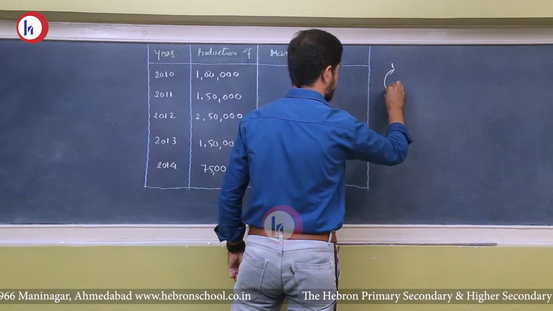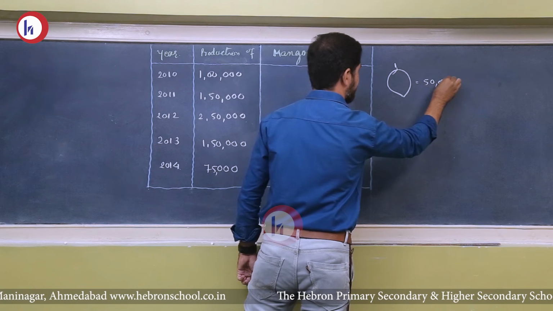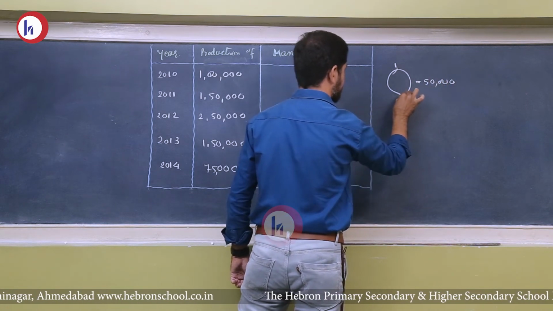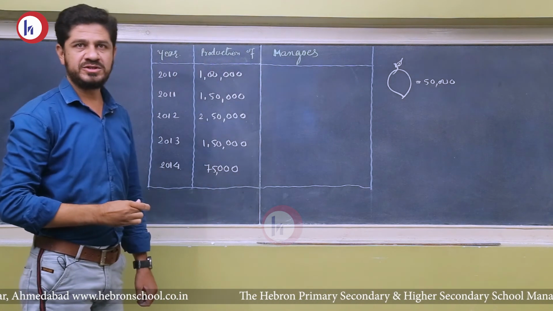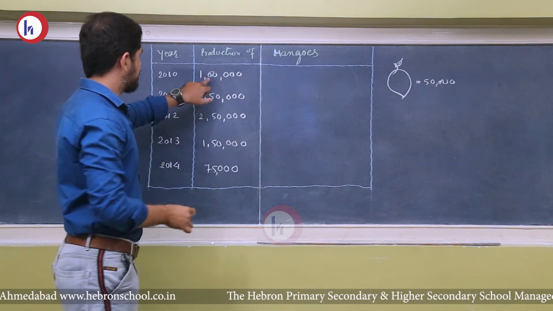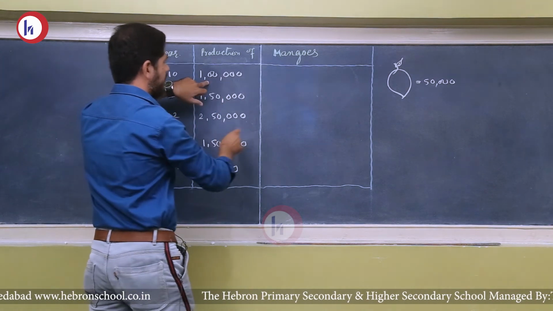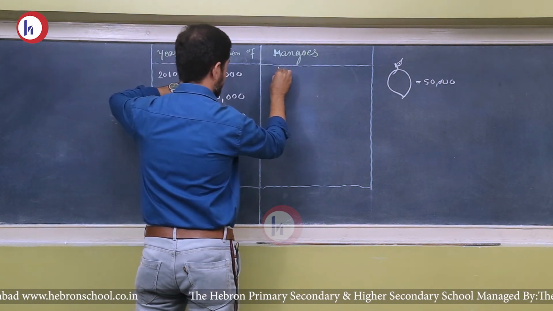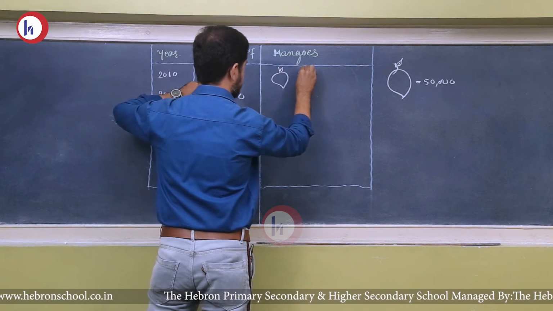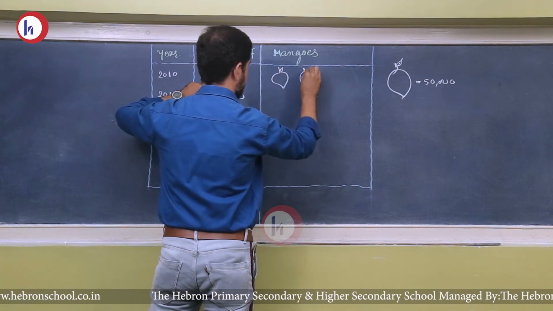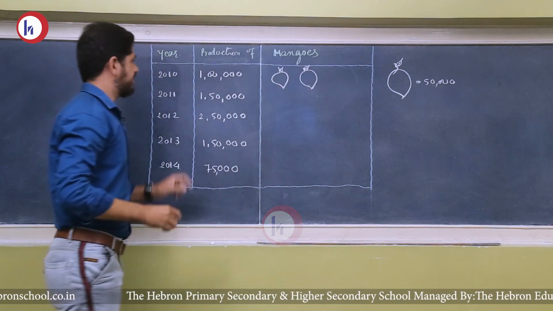Now students, suppose we draw one mango is equal to 50,000. So the picture of one mango that represents 50,000 mangoes, right? So here are the 1 lakh, it is a multiple of 50,000. So we will draw 2 mangoes to represent 1 lakh kilograms.